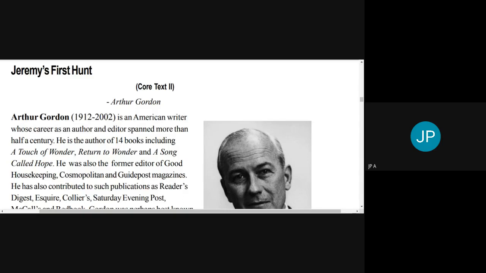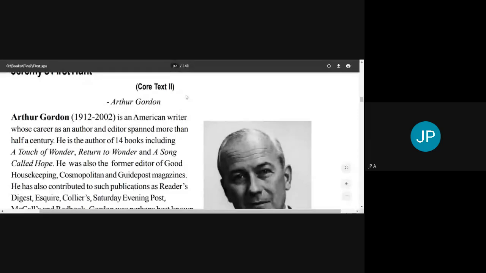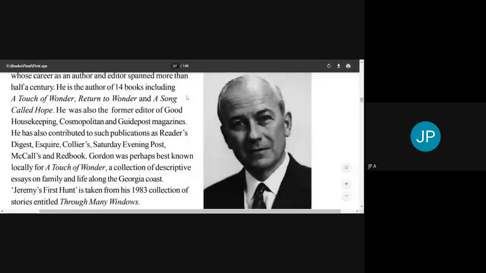He was also the former editor of Good Housekeeping, Cosmopolitan, and Guidepost magazines. These are the names of magazines. He has also contributed to publications such as Reader's Digest, a very popular publication even in India, Esquire, Collier's, Saturday Evening Post, McCall's, and Redbook.